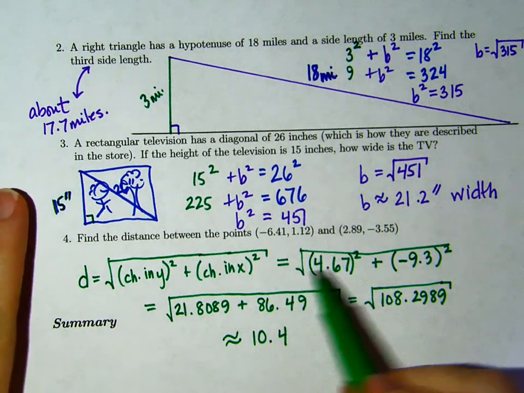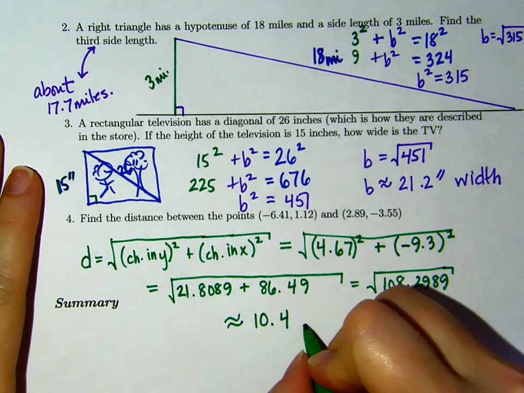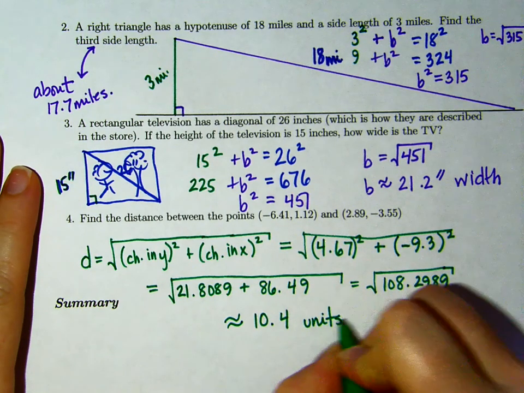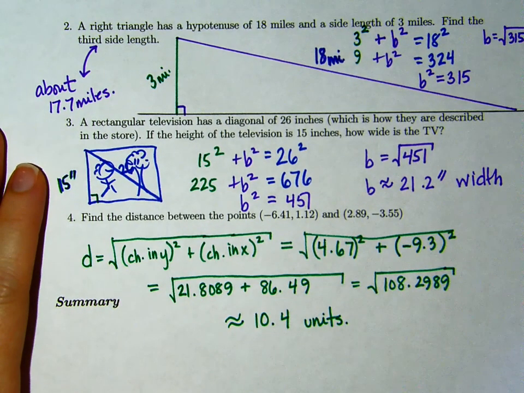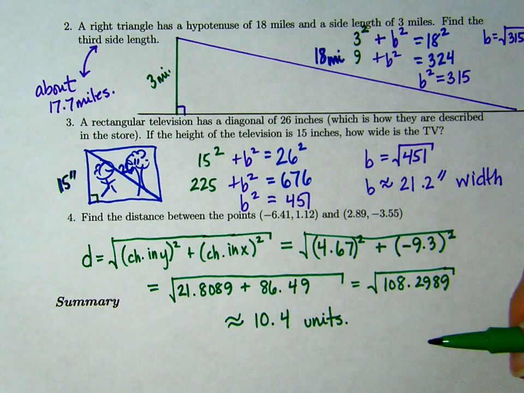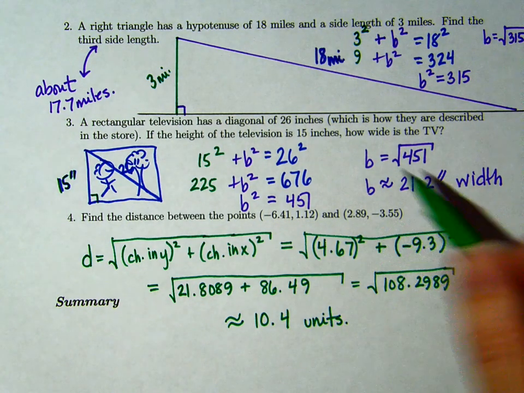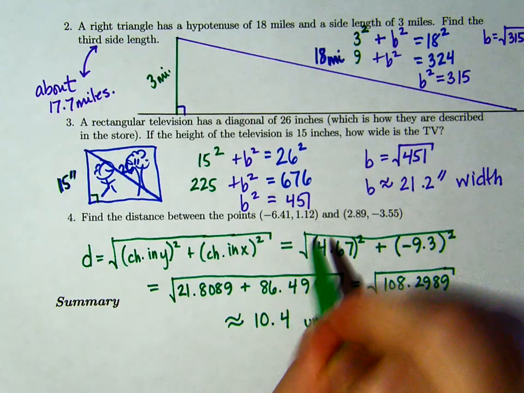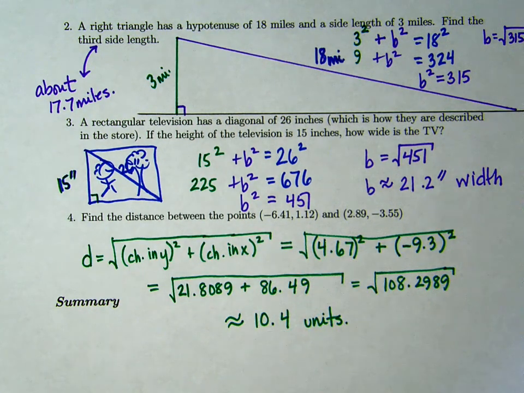Find the distance between these two points: about 10.4 units, whether those are inches, centimeters, millimeters, kilometers, miles, I don't know, because it wasn't indicated what the units are. So 10.4 units about.